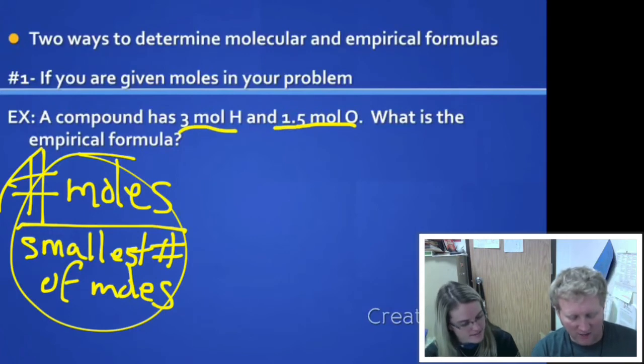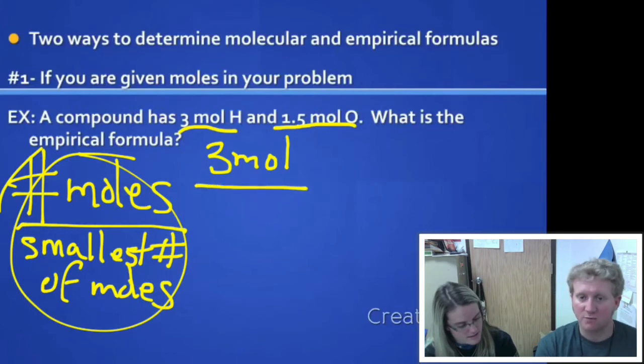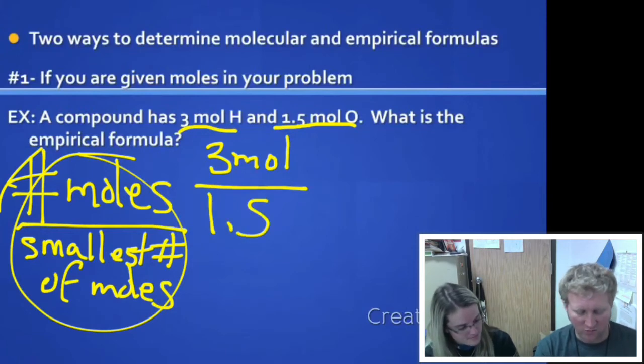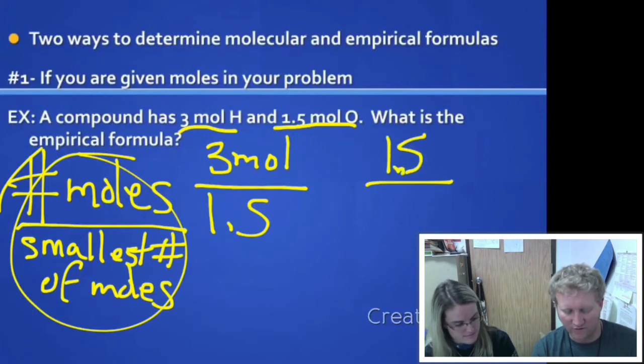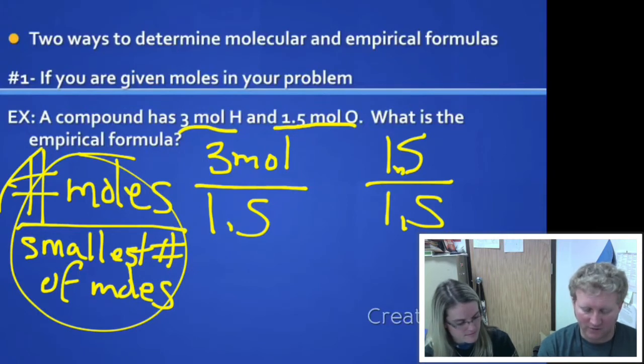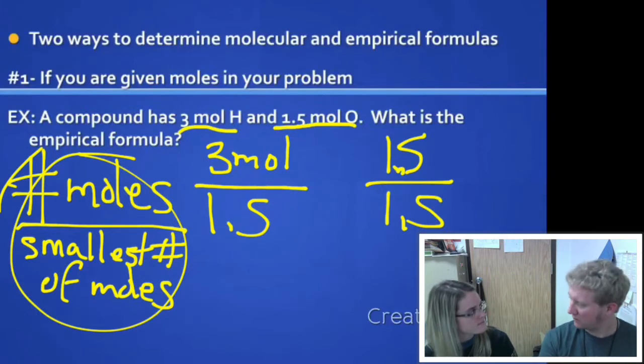So we've got 3 moles of hydrogen, and we're going to put that over the smallest number. Which one's smaller, 3 or 1.5? 1.5. So we'll put that over 1.5, and then we'll set up the other one, which is 1.5, over the smallest one still, and then we divide them out.